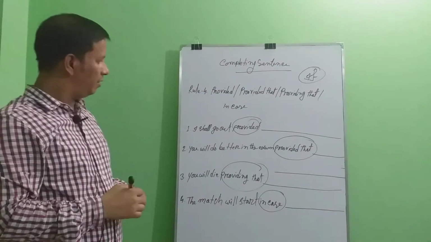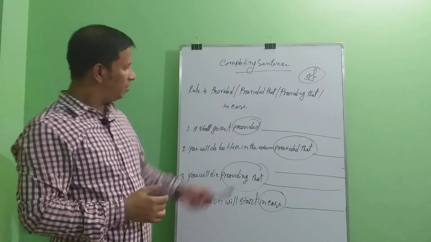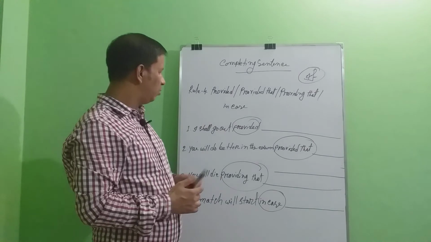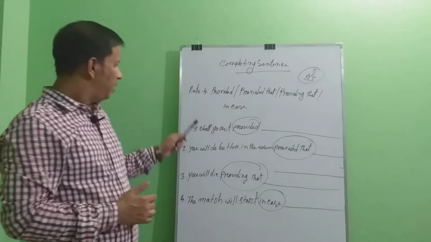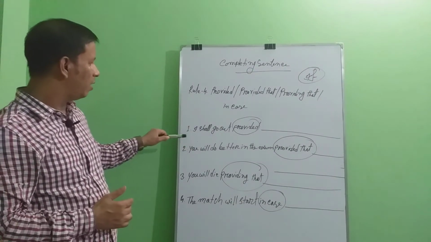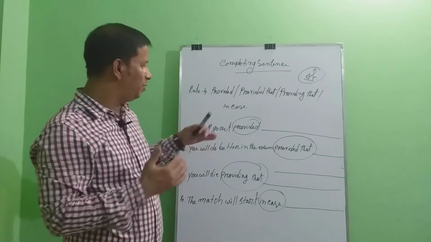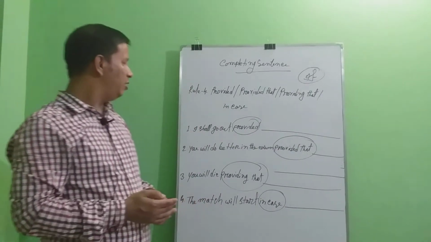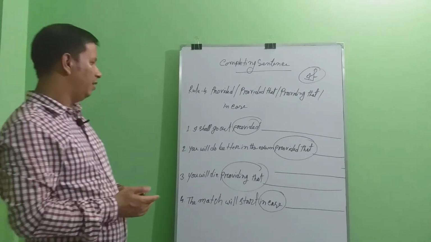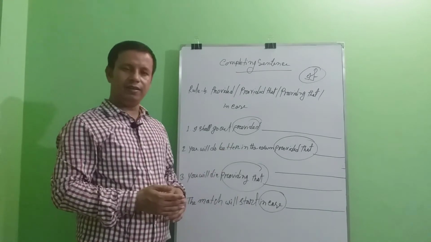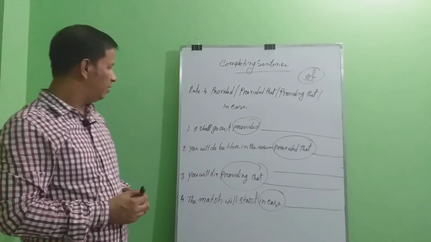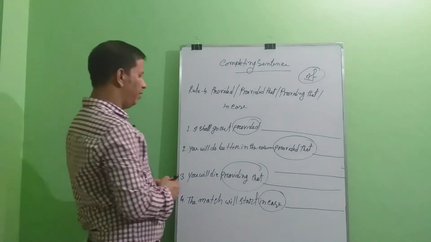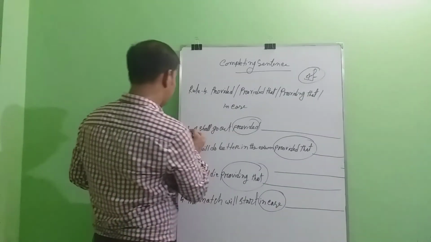So students, to complete these all sentences, you have to maintain the rule. The rule is, if you see any one of these words at the end of an incomplete sentence, then you have to complete it with a meaningful and reasonable sentence.